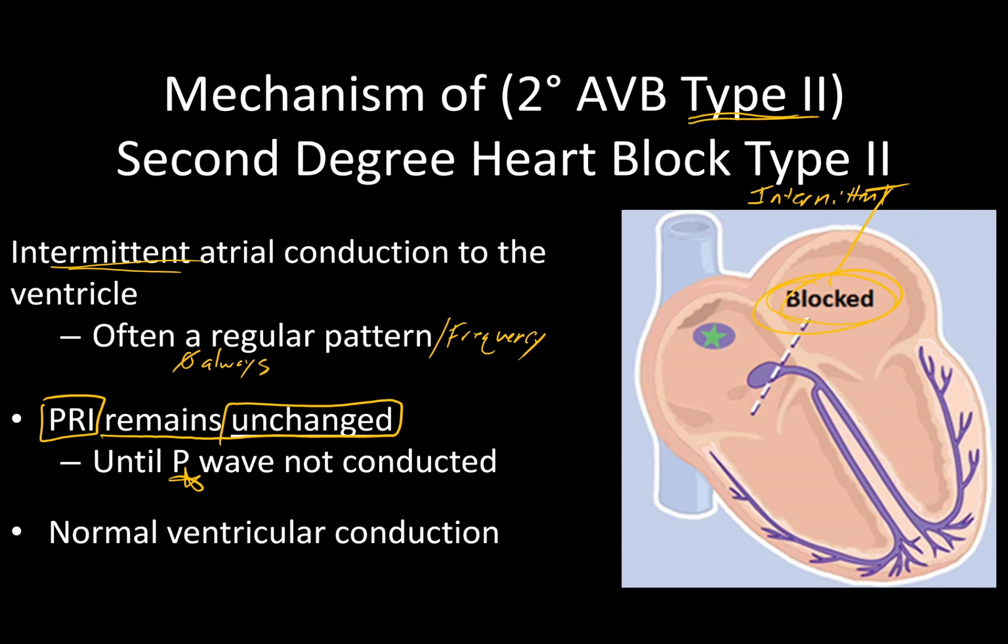This one remains consistent all throughout. And also, you should have a normal QRS conduction. Another way to look at it is that the AV node or AV junction will selectively conduct beats.